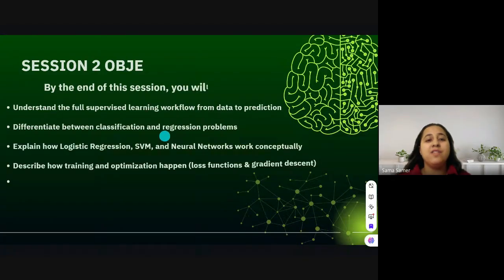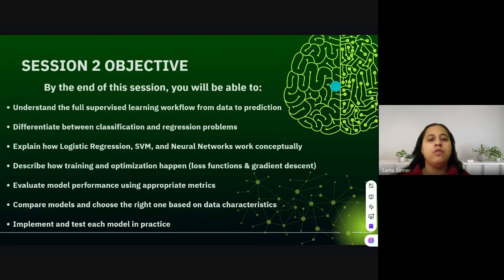By the end of it, you can understand the supervised learning workflow from data to production, differentiate between classification and regression problems, and explain the 3 main models that we will be working on throughout this course, Quantum Lab, which are logistic regression, SVM, and neural networks.